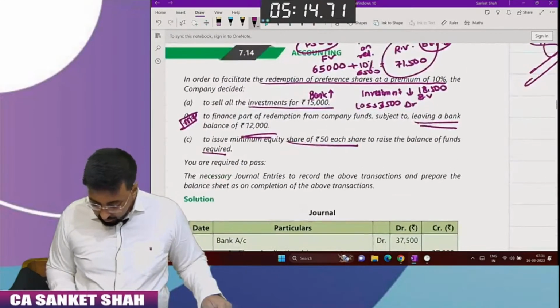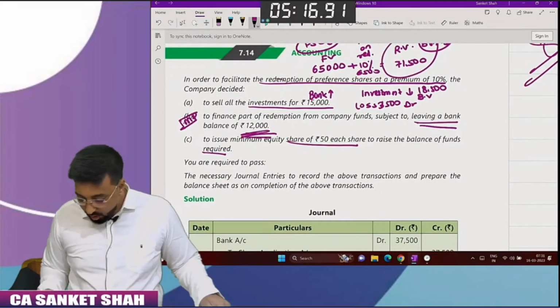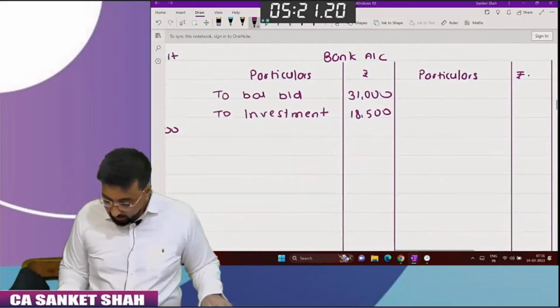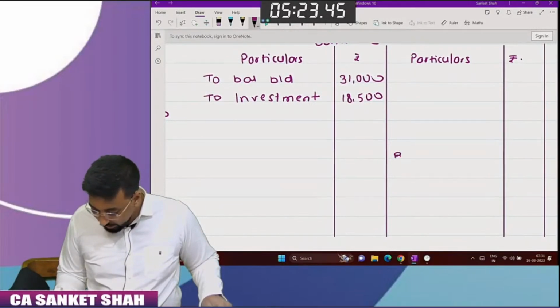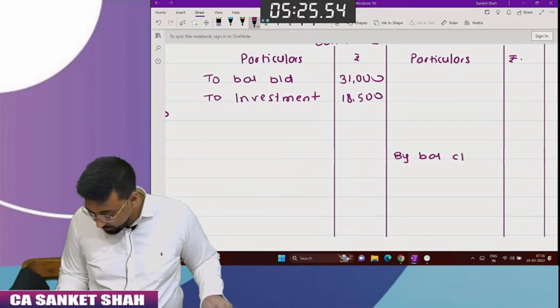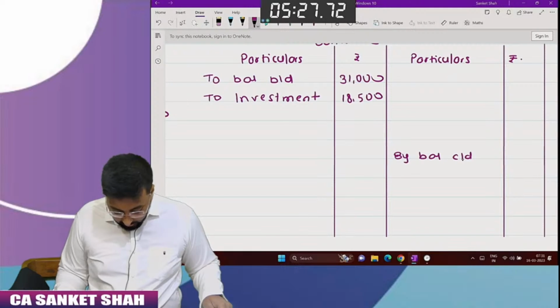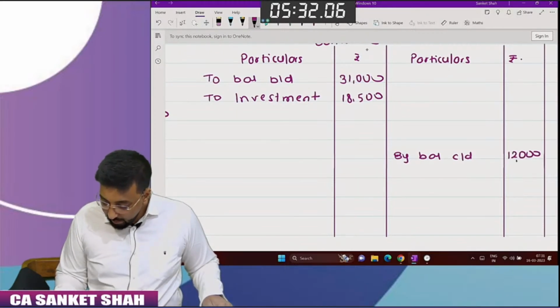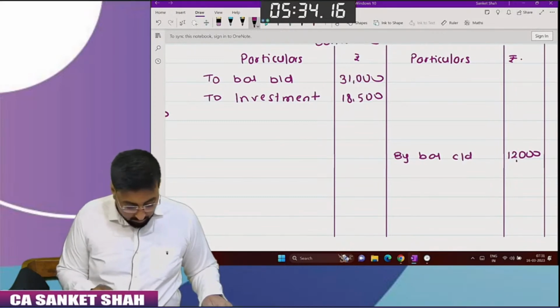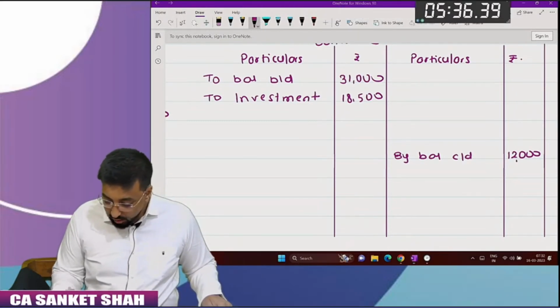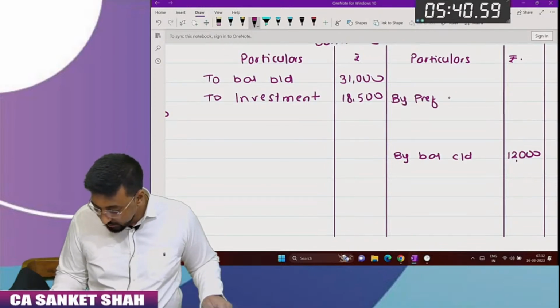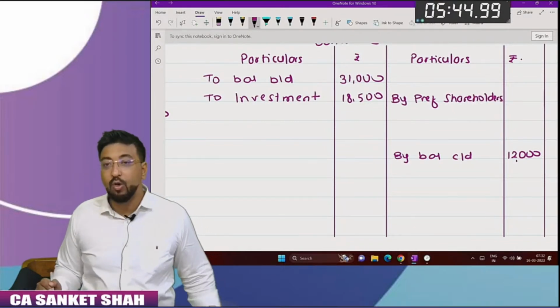Now, what is your bank balance? You want 12,000. So first entry over. Second entry will be by balance carried down 12,000. And beta, by preference shareholders, on the second line, don't write in front of to balance brought down.